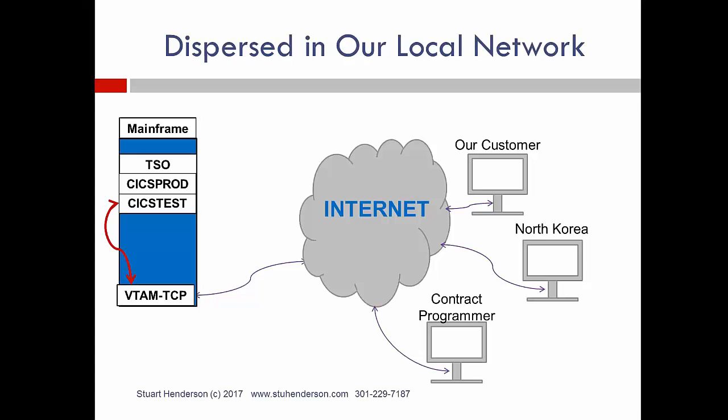And we've also got our own programmers. You might have a contract programmer or an employee who is connected to the internal TCP/IP network, which might as well be an extension of the Internet, and that may or may not give him or her the ability to connect through your internal network to your mainframe.